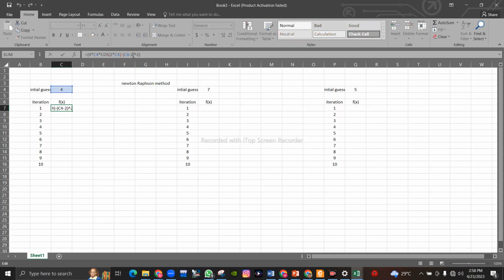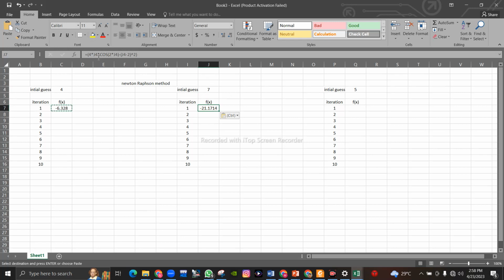So this same formula, Control A, we'll copy it. Control C, and we'll put it here. Control V. But don't forget to check that it is using this value. So J, row 4, 1, 2, 3, 4.